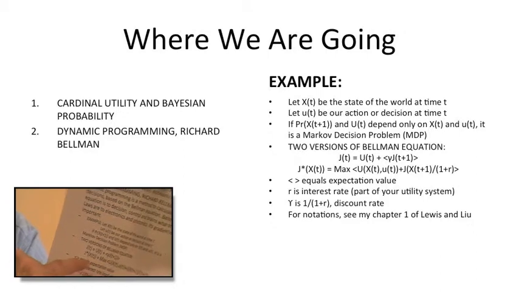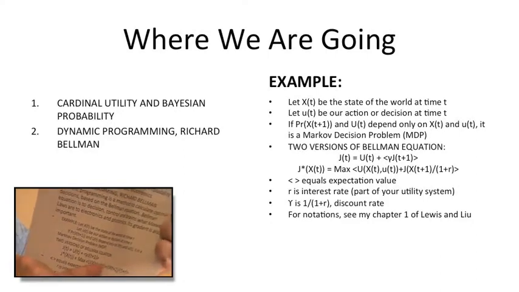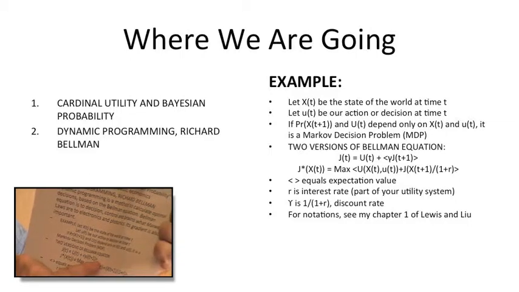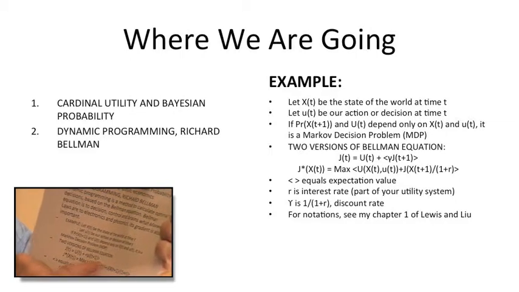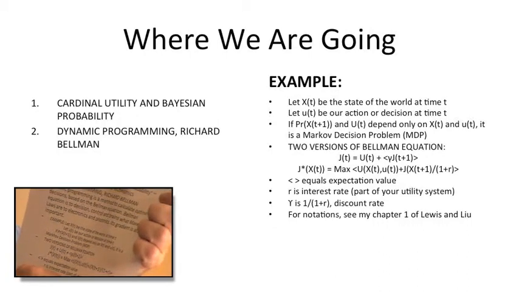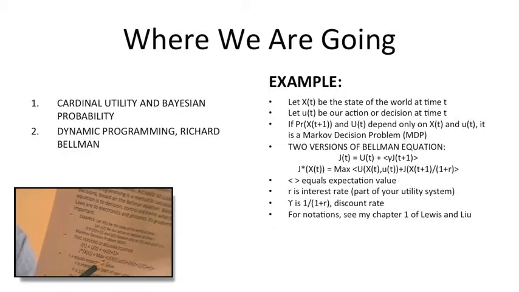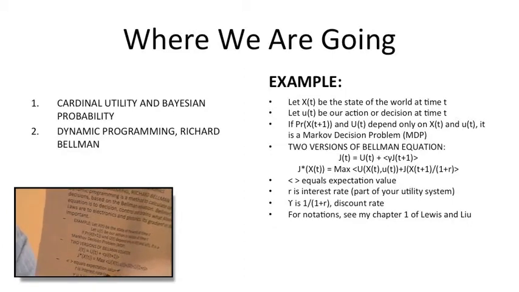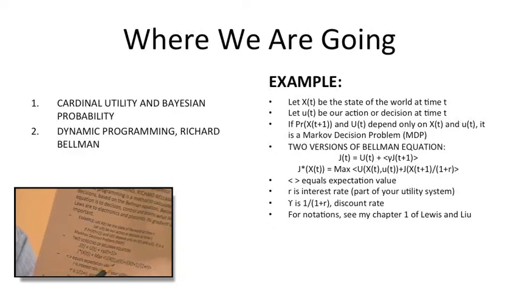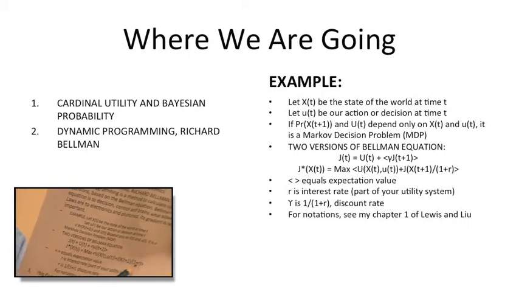And the equation says that the best value of this is the maximum over possible actions little u of the expected value of the sum of two terms. This is your immediate utility or satisfaction. This is the strategic value of where you are in the future, discounted by an interest rate R.